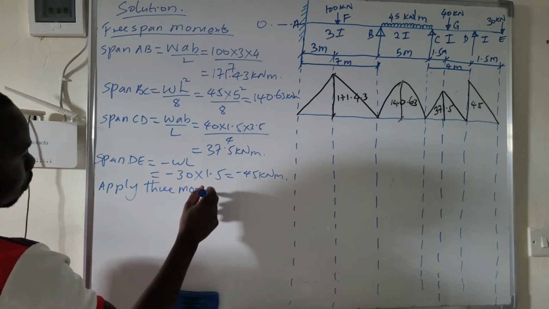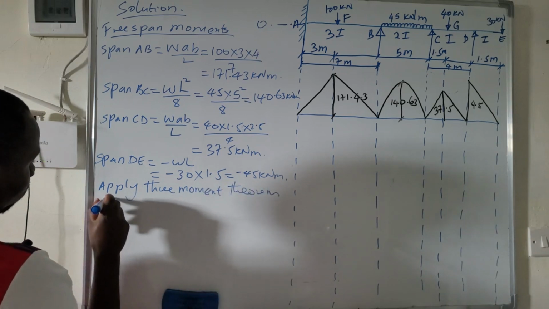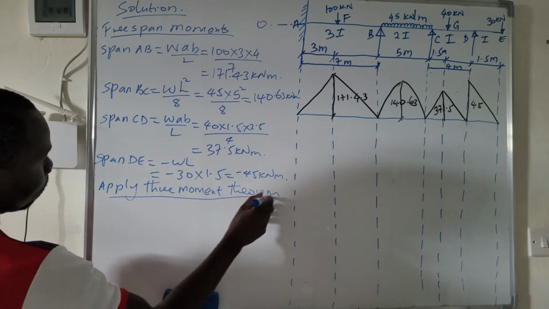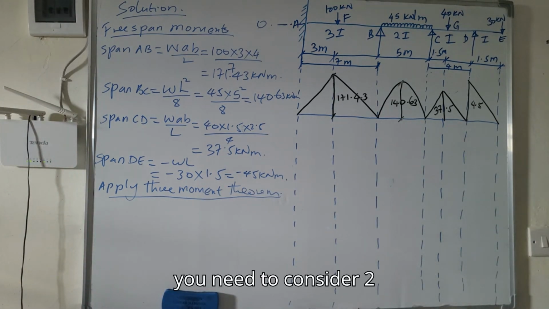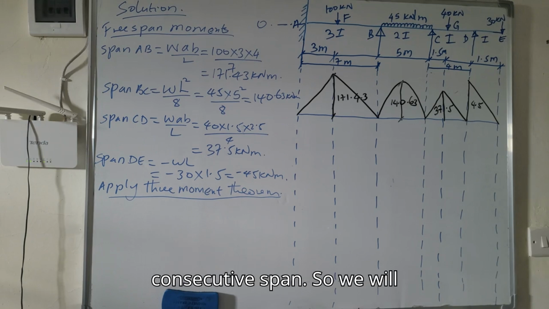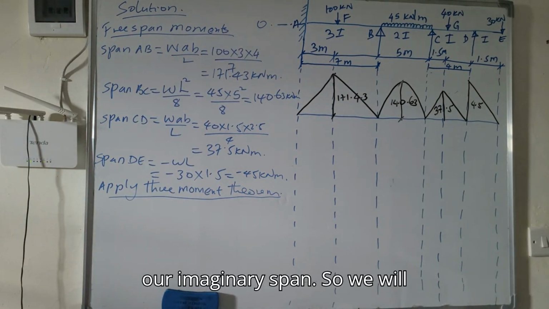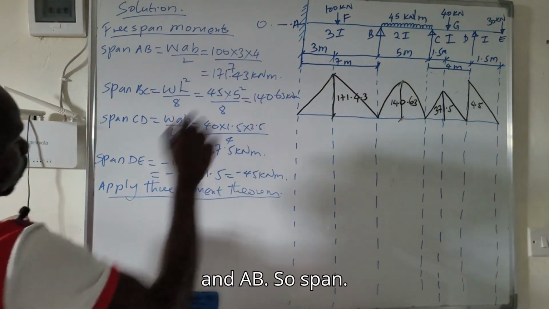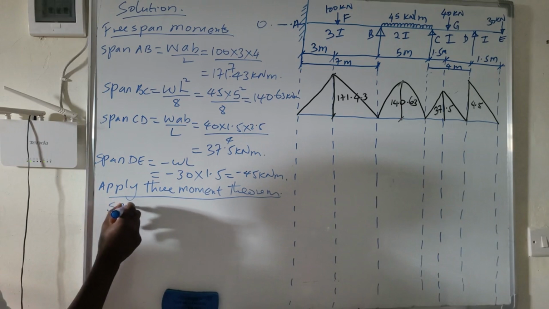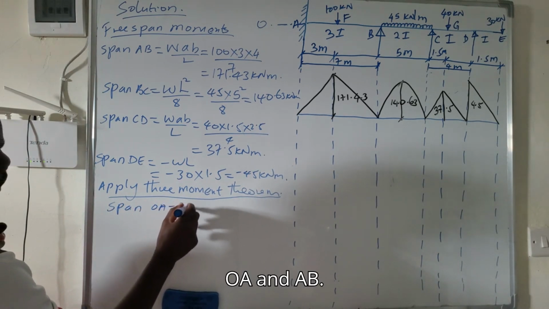For you to apply the three-moment theorem, you need to consider two consecutive spans. So we will begin from O as our imaginary span, and we will consider spans OA and AB.